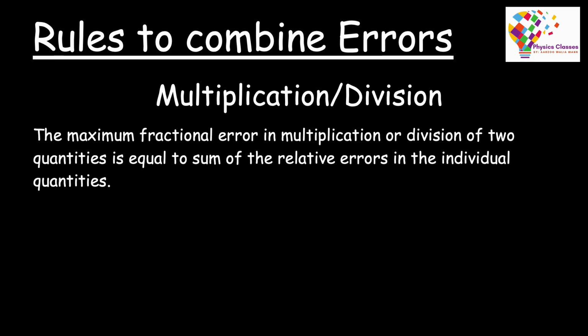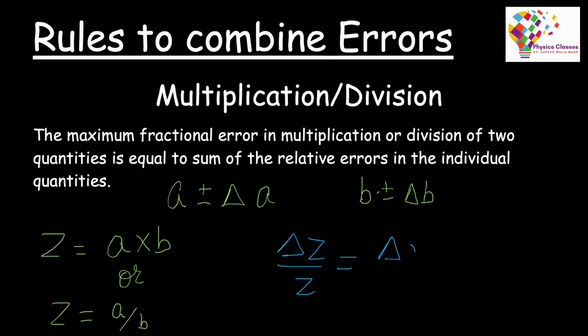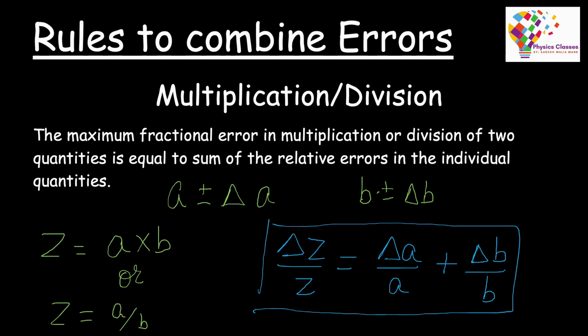Again, let's say I have the quantity A plus minus delta A and B plus minus delta B. Suppose I define a quantity Z equal to A multiplied by B, or even A divided by B. In both situations, the fractional error in Z, delta Z by Z, will be equal to delta A by A plus delta B by B. So the relative errors in A and B have to be added when multiplying or dividing A and B. Even if you divide, even if you multiply, in both situations we are always adding the relative errors. We cannot subtract the relative errors.